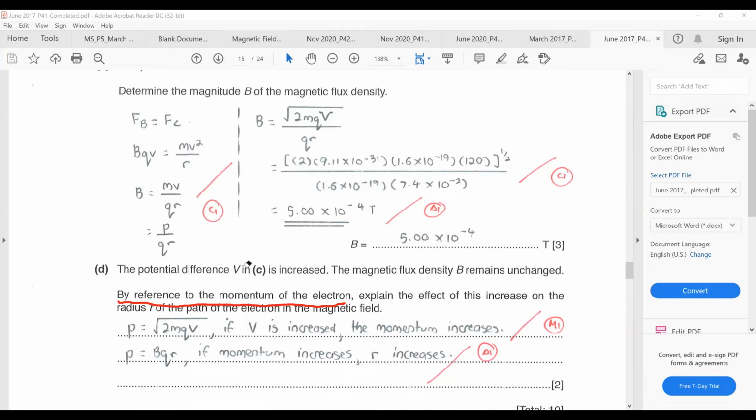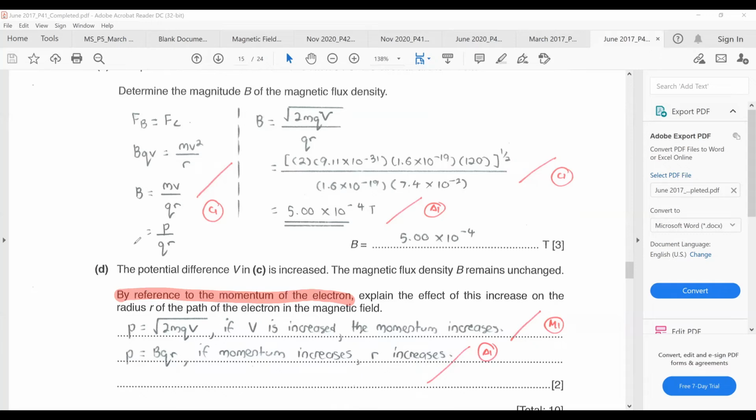By reference to the momentum of the electron, explain the effect of this increase on the radius r of the path of the electron in the magnetic field. If you increase the potential difference when accelerating the electron, would it have any effect on the electron as it moves inside the magnetic field? They ask you to refer to the momentum of the electron.